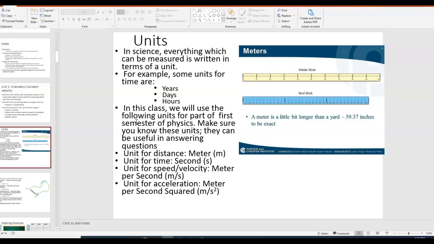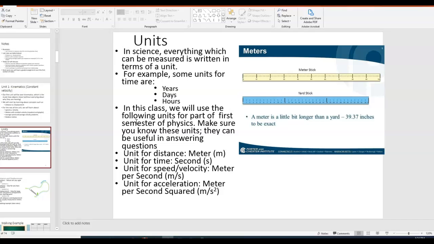In science, we use a specific system of units called the SI system, or you might know it as the metric system. So in this particular class, we're going to be using a specific set of units. Please make sure that you know about these units. This is important information that I would suggest you add into your notes because you can often look at units and use that as a context clue to get more information about the problem.